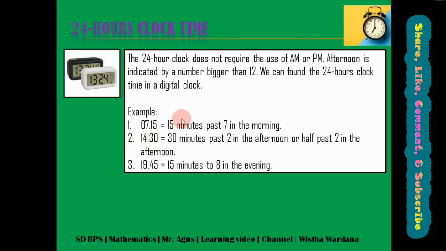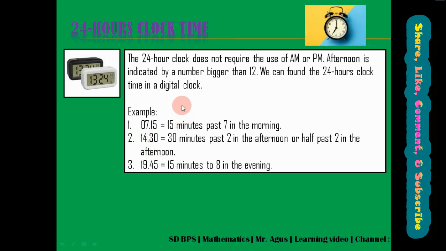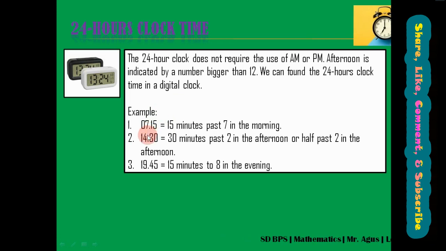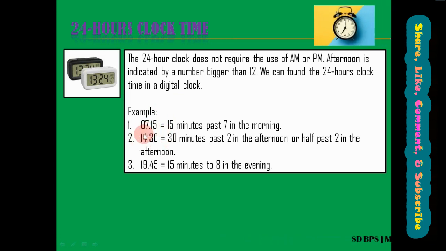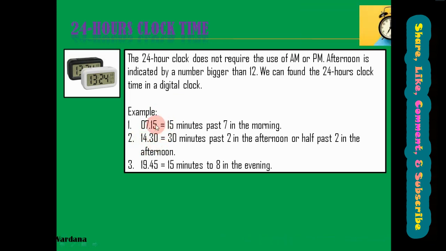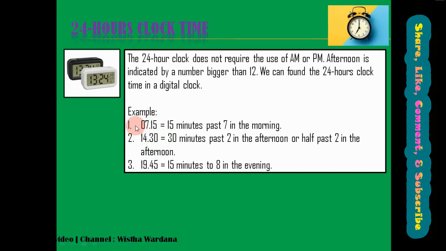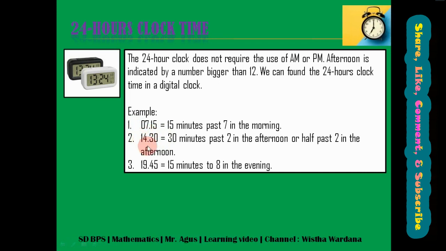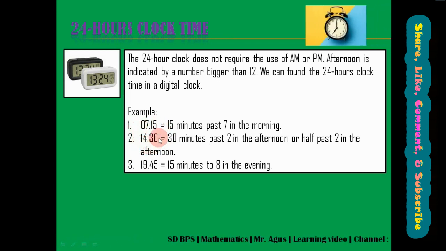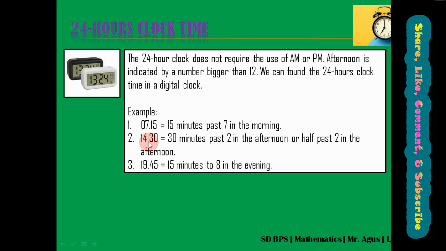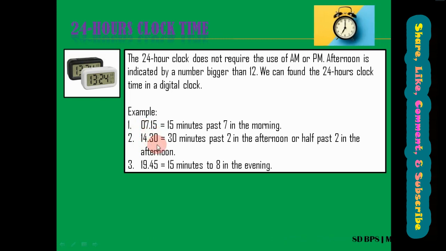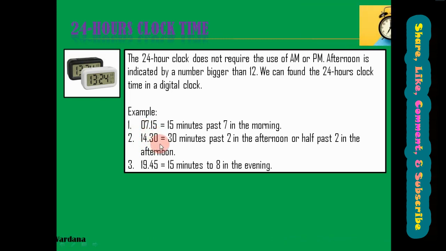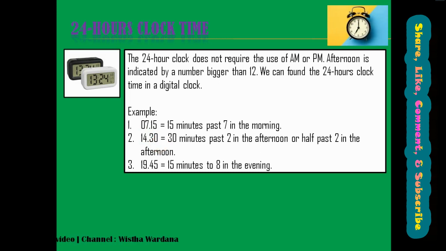Because the number is greater than 12, it means the time is already past 12 o'clock in the afternoon. So we know 14 is equal to 2 o'clock in the afternoon. And if we have 14:30, you can say 30 minutes past 2 in the afternoon.